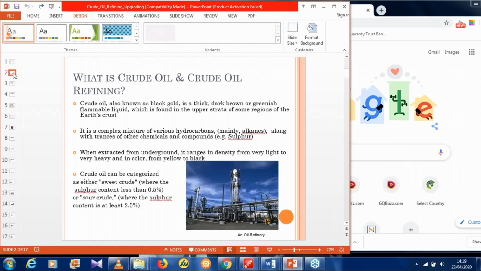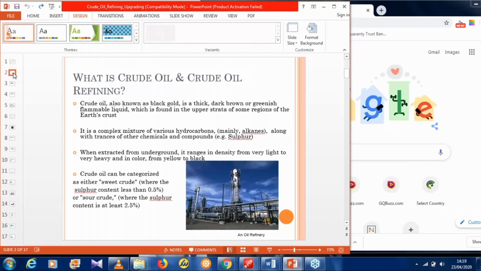It's a thick brown. Now, the color varies from brown to green, but it's usually very dark. It depends on the location where we are getting the crude oil from. The color of crude oil from Nigerian terrain may be different from the color of crude oil from Venezuela or from Kuwait or some other country.